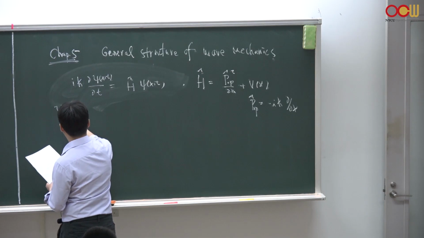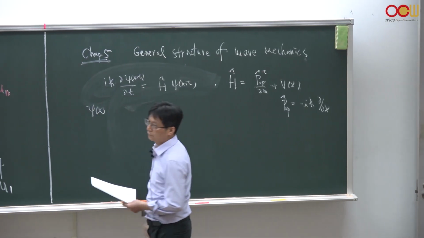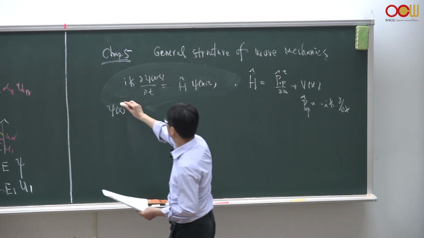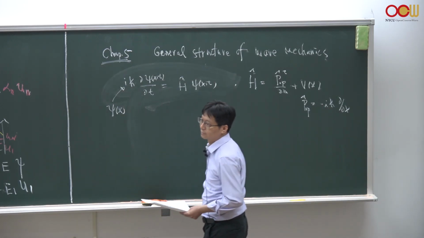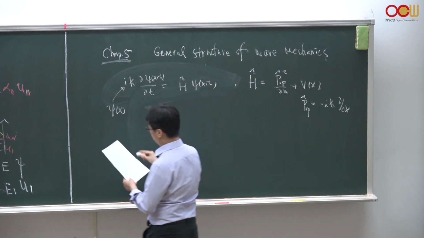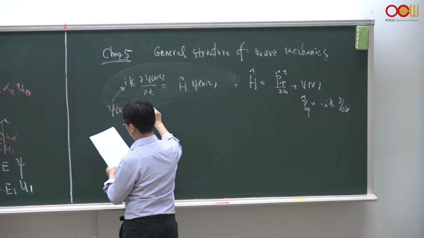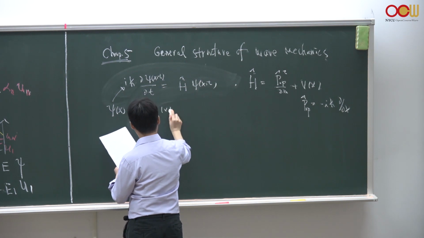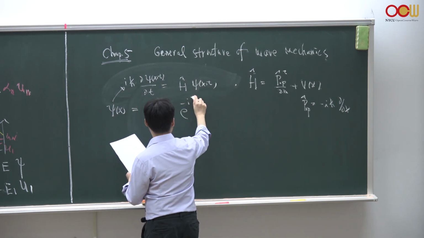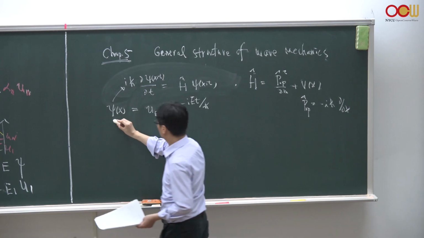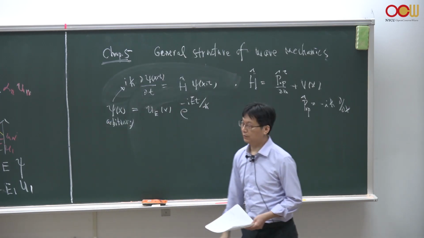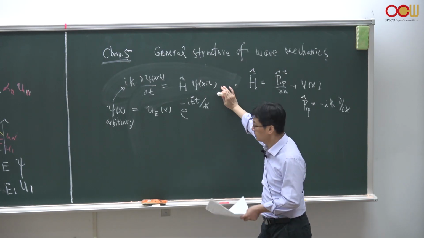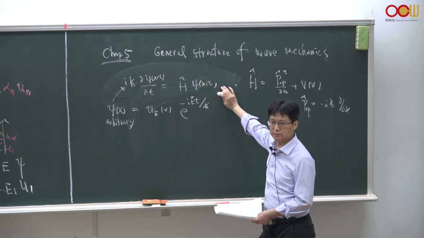If you want to solve for the eigenstates of this problem, you must solve the Schrödinger equation. If this arbitrary wave function psi of x satisfies the Schrödinger equation, it must be one of the eigenstates, right?